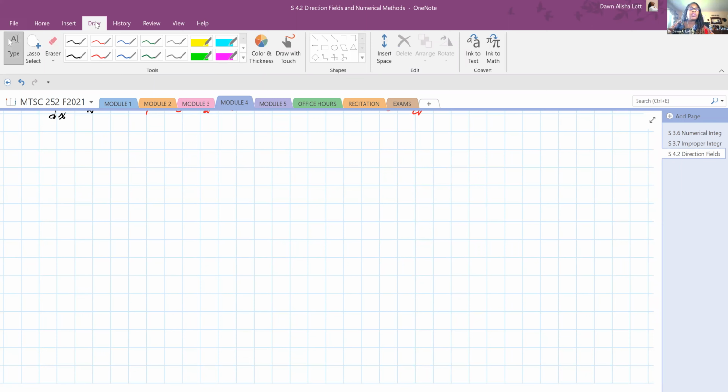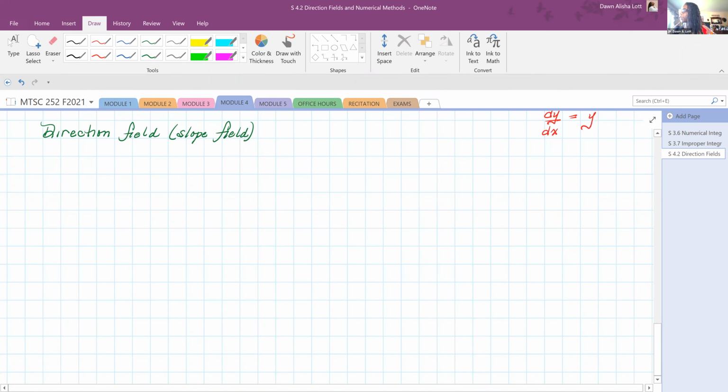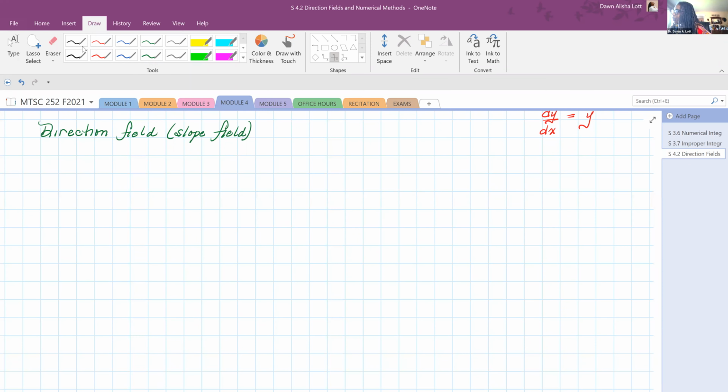I am using the fact, I'm going to write it over here, that dy dx is equal to y. And what we're getting ready to draw right now is called a direction field, also known as a slope field. This can be pretty tricky, so if you can't write and look at the same time, then just look. I'll give you time to write.